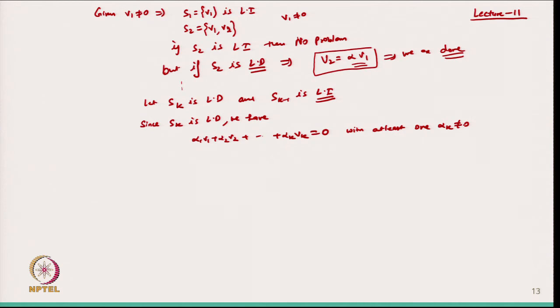That is the meaning of linearly dependent. So, at least one alpha will be there which is non-zero. Then we can have this condition.